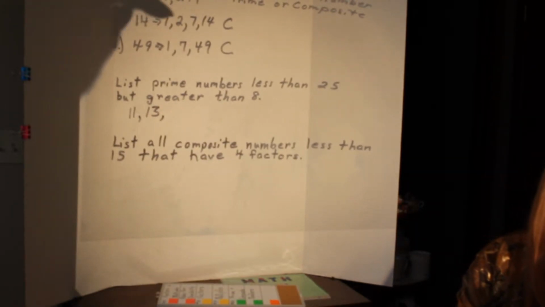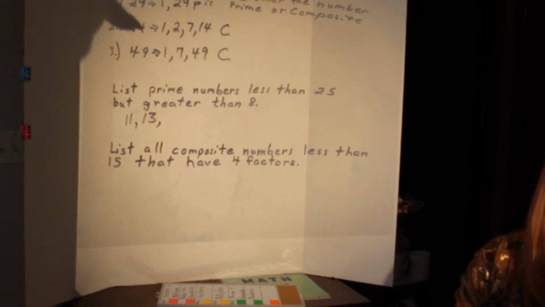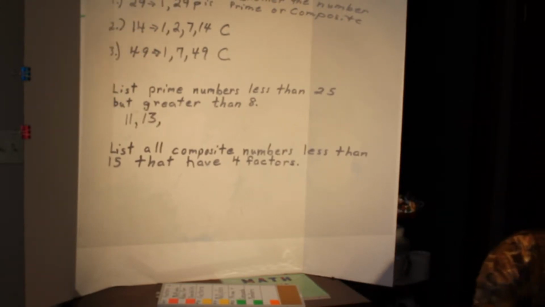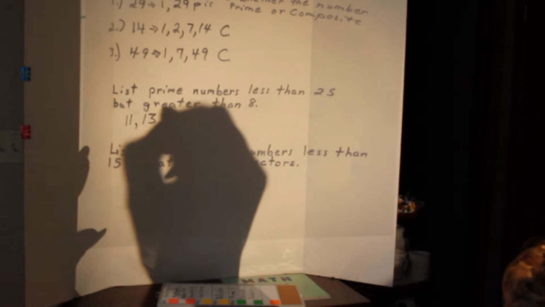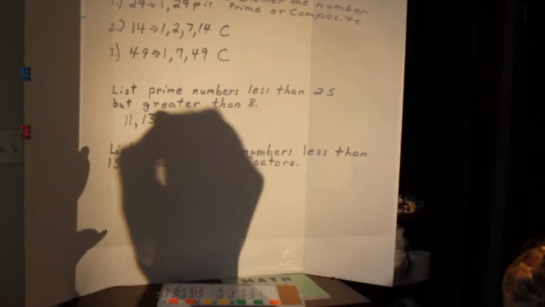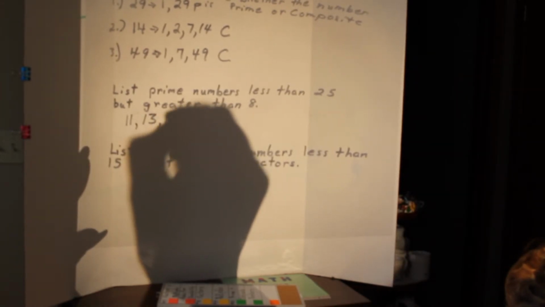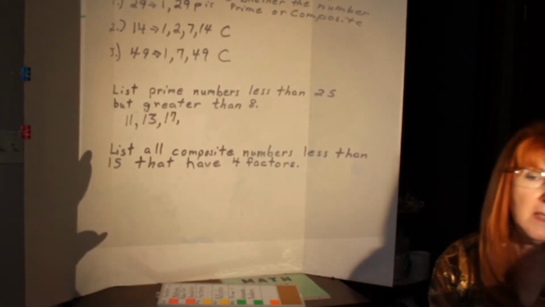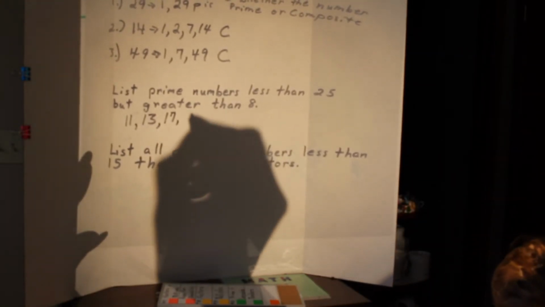14, we already know, has more than 2, so that one's not going to work. 15 has more. 16 has more. 17 is our next one. 18 has more than 2. 19.